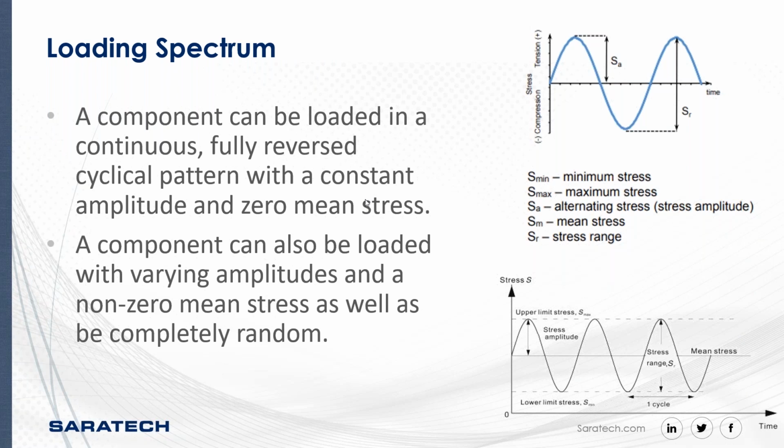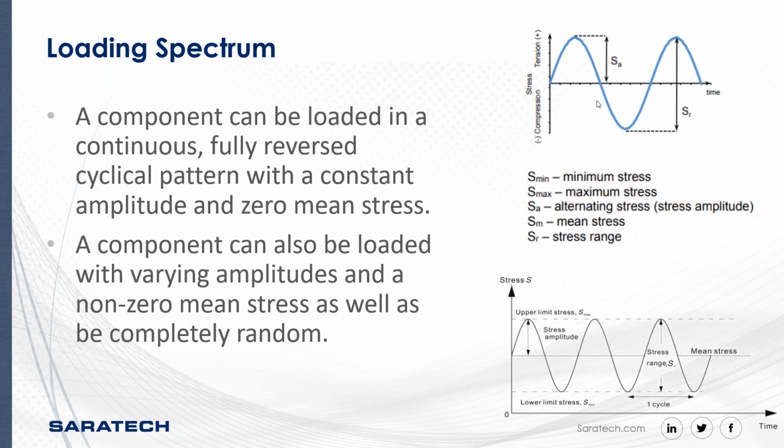The way that we define the cyclical loading over time is called a loading spectrum. The component can be loaded continuously in a fully reversed cyclical pattern with a constant amplitude and a 0 mean stress, which would be this graph up here, into positive tension, into negative compression, constant amplitude, and going about the 0 point, which means the 0 mean stress.